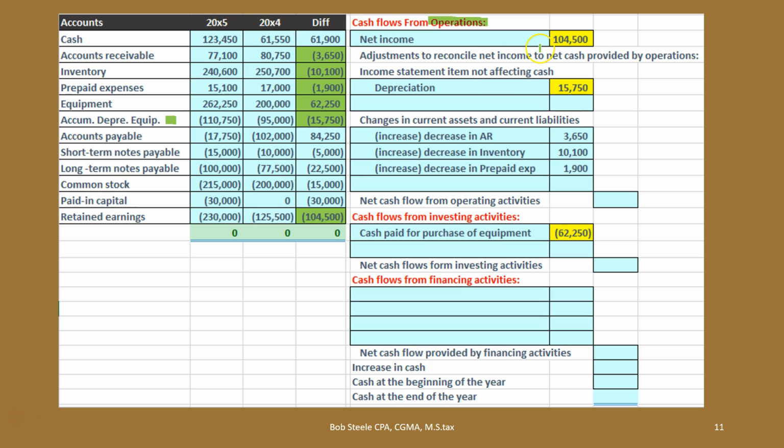Therefore, that 1045 under a cash basis needs to go back up by the depreciation of 15,750, because we put it down according to an accrual basis, and under a cash basis, it shouldn't have gone down, so it's got to go back up. So now under the operating, we've got the 1045 plus the 15 plus this, plus this, plus this. That's what this is going to be so far.